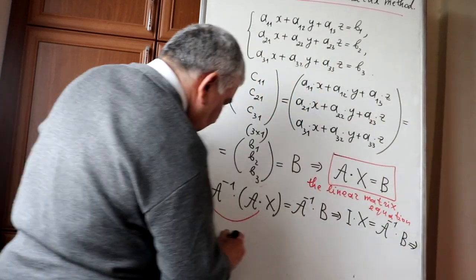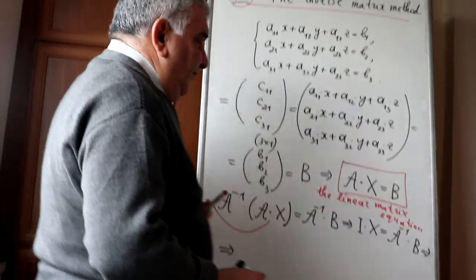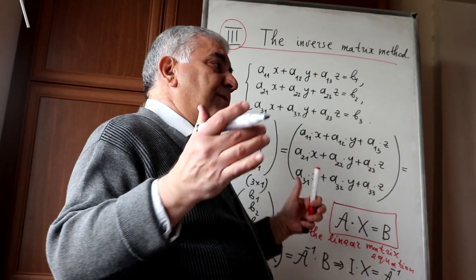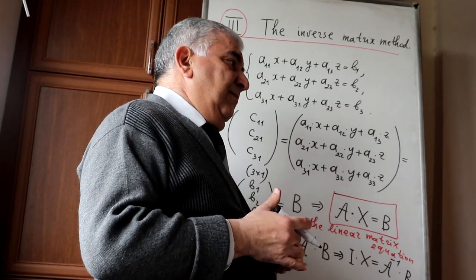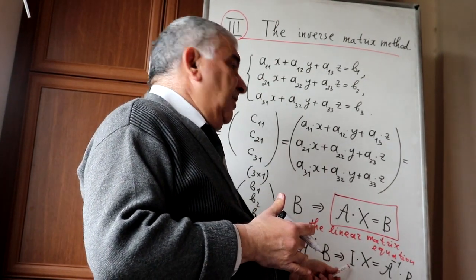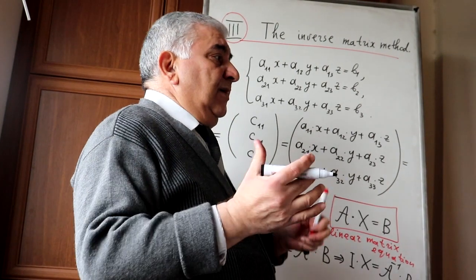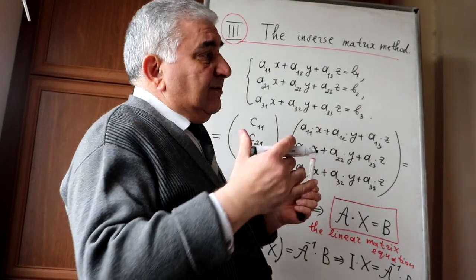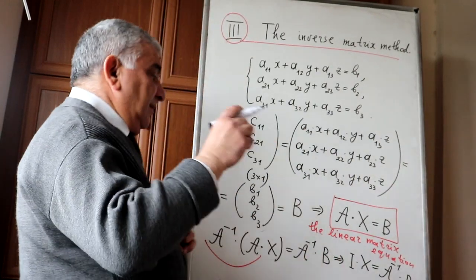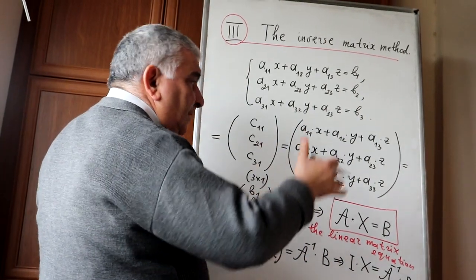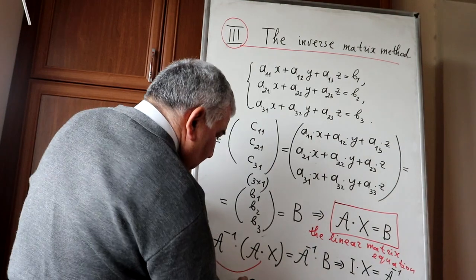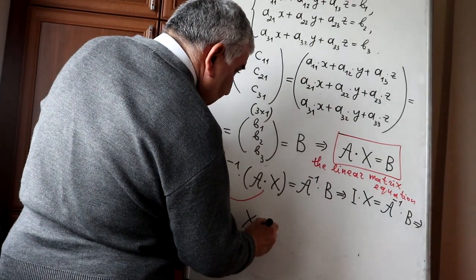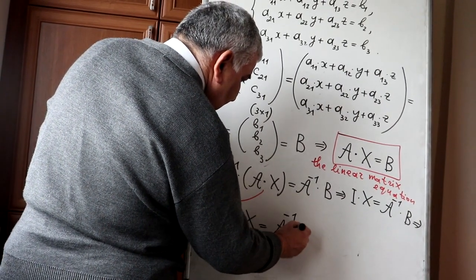But also it is known that the product of the given matrix by the unit matrix from the left or from the right will give the given matrix itself. And we have X capital is A super minus 1 multiplied by B.